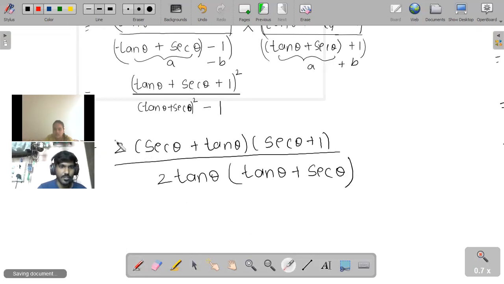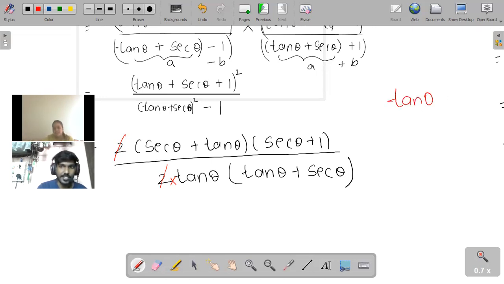Firstly, the 2. The 2 from the numerator, and the denominator is 2 tan theta, right? So we can cancel 2 from the numerator and the denominator. Tan theta is together, it's one thing, not a different thing.